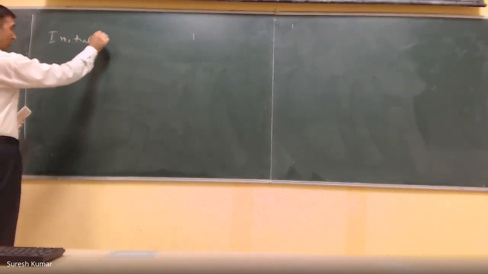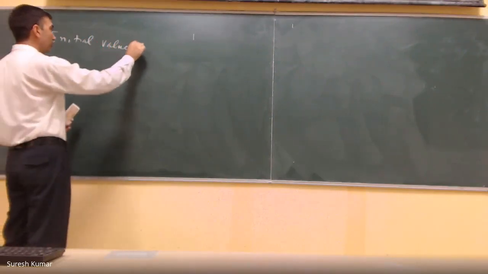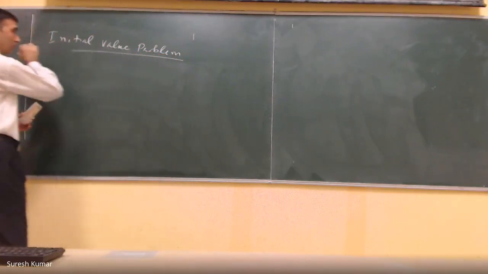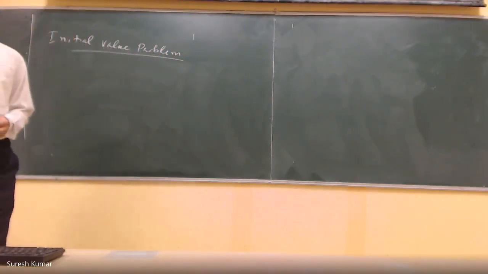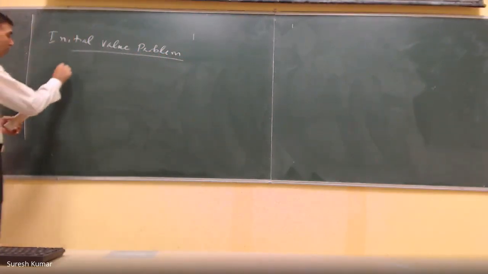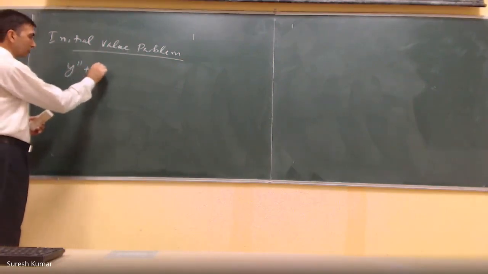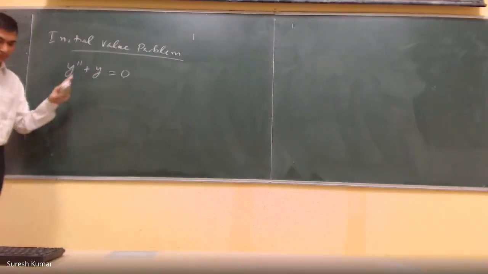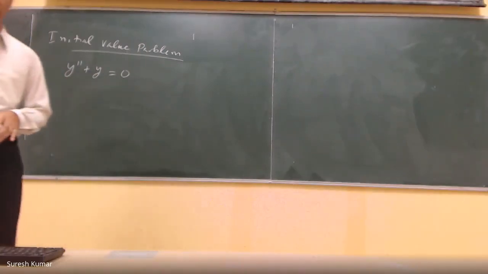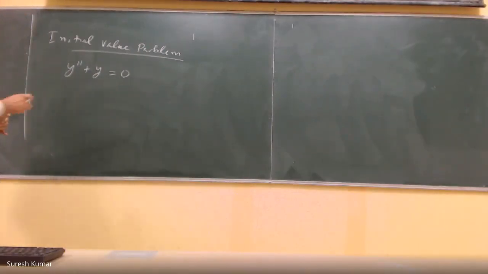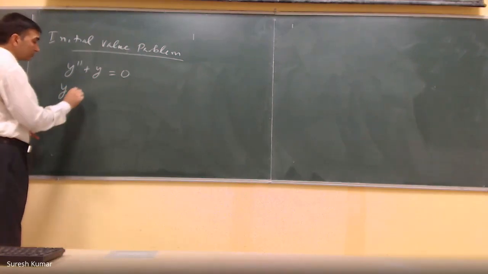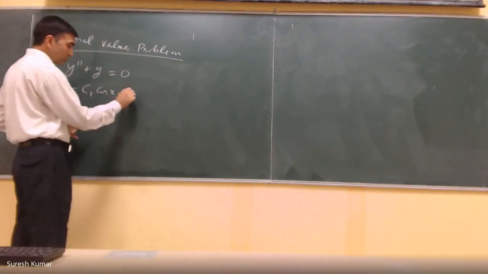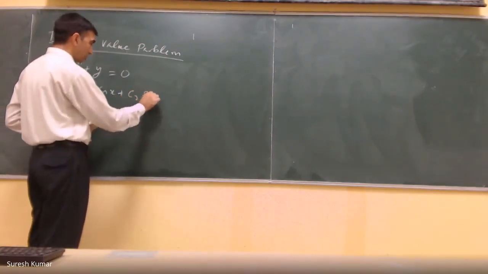Next is initial value problem. What is initial value problem? We'll understand through this example. Suppose this is the differential equation y double prime plus y equal to 0. I know its general solution is c1 cos x plus c2 sin x.